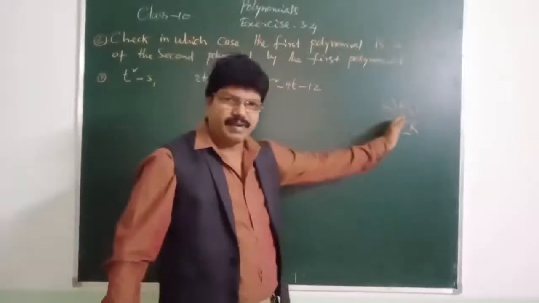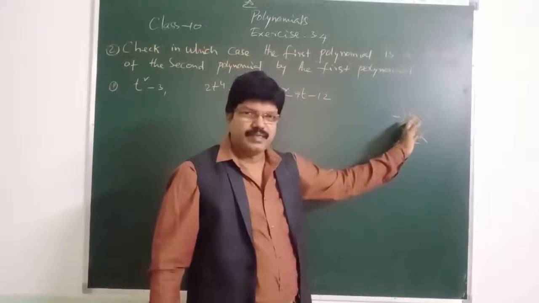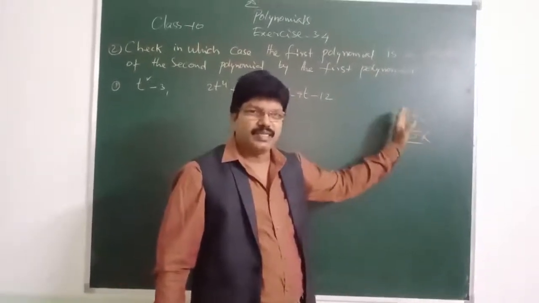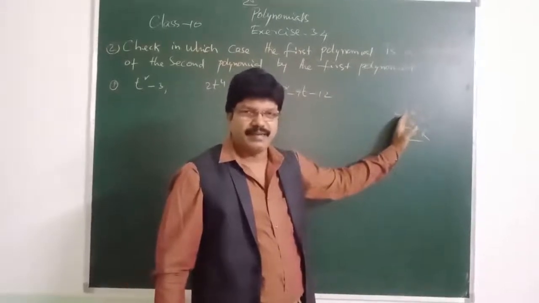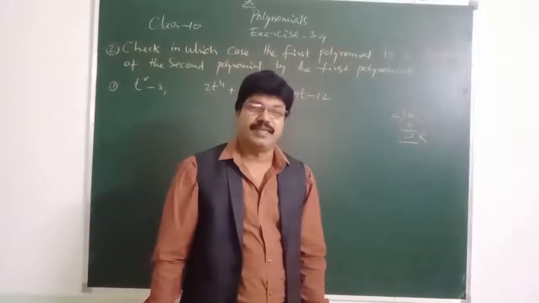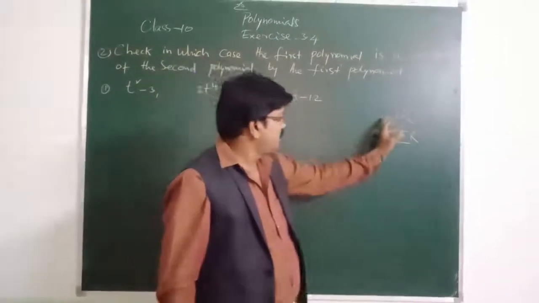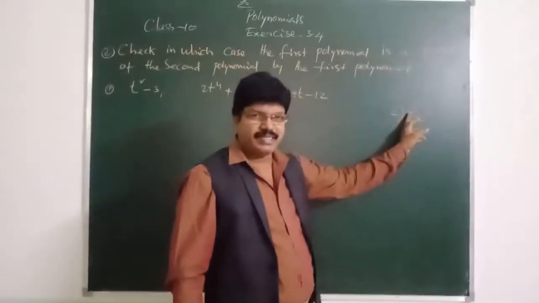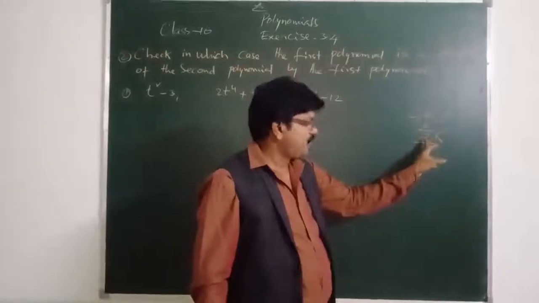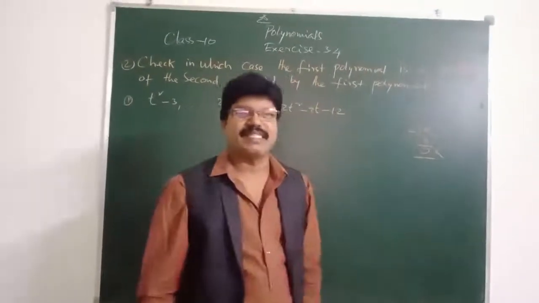If any number divides the dividend and we get remainder 0, the divisor must be a factor of the dividend. Here we divide 6 by 2, remainder 0. So 2 is a factor of 6.